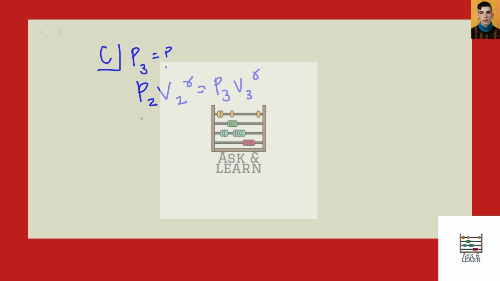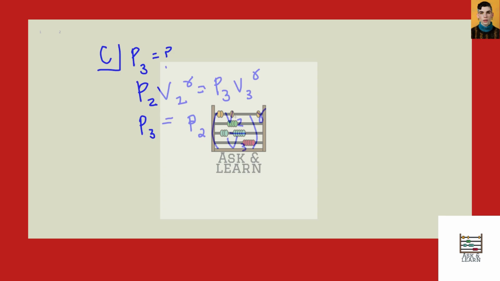Again, we have everything we need, so we just need to algebraically manipulate the equation. I'm going to do it the same exact way, except a little faster. So then that's V2 divided by V3 to the gamma.